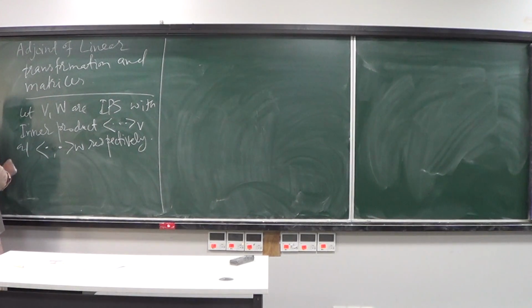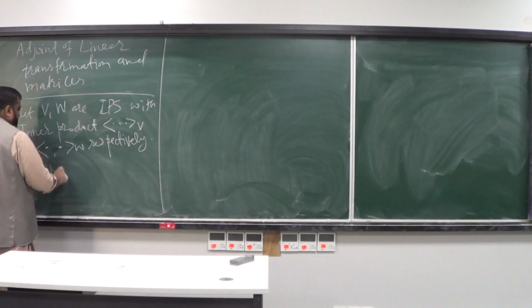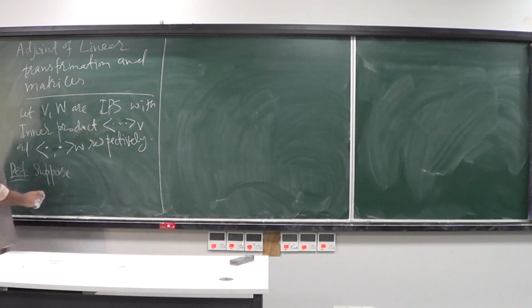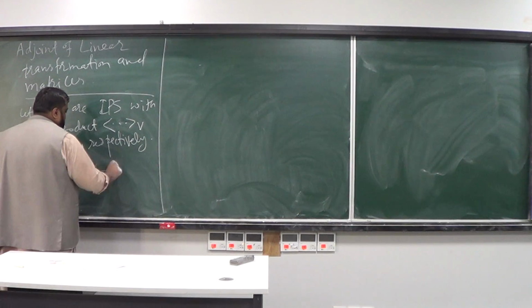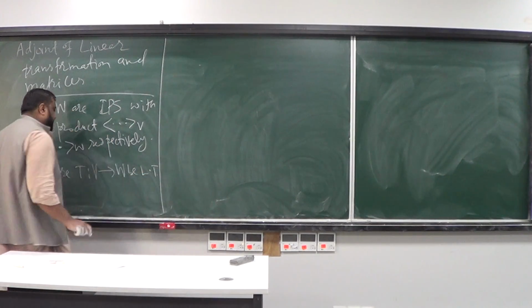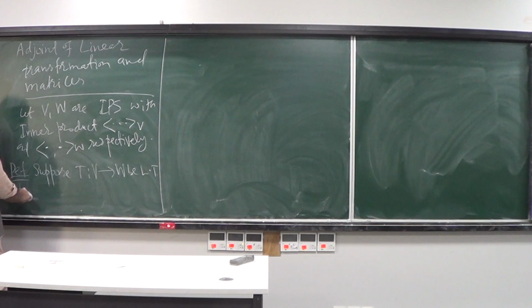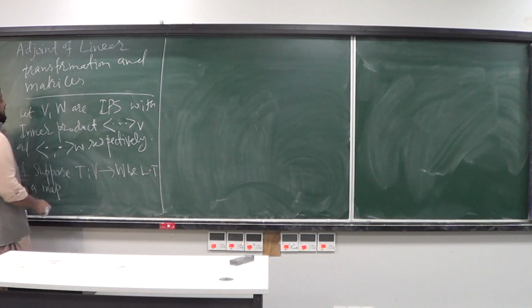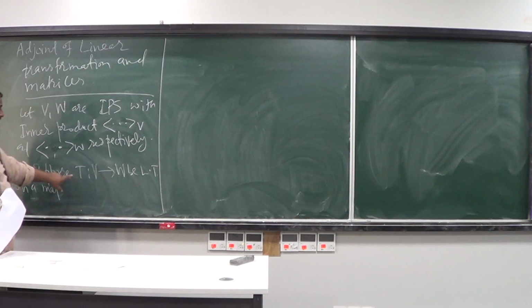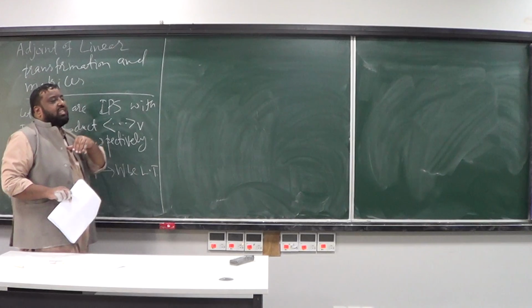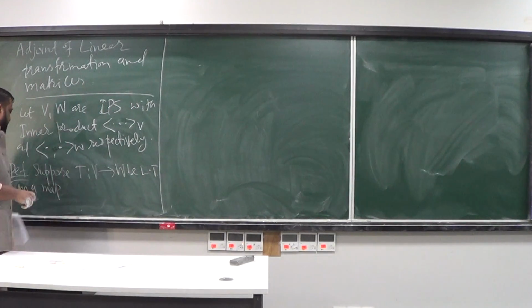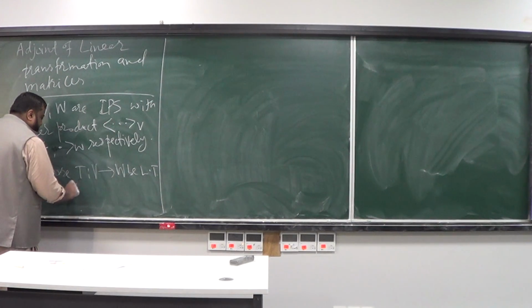Alright. So here's a definition. Suppose T is a linear transformation from V to W. Then a map, since the adjoint depends on T, I want to introduce a notation for it: T star.